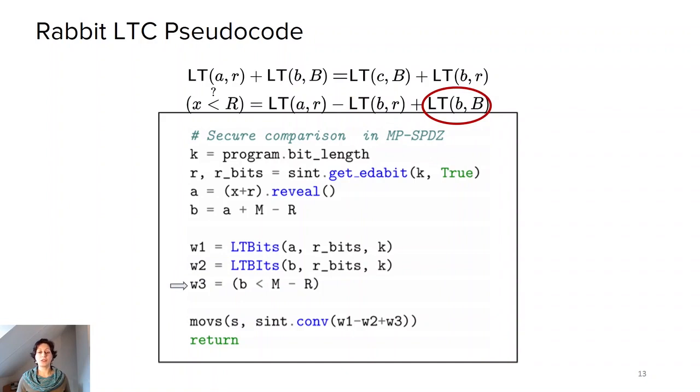And the last thing we need to do is to perform a public comparison. So we don't need to invoke the LTBits here because all values small b and capital B are known to all parties, so they can compute the result in the clear. So last step, just bring all these three terms together and you've got the final result, the flag that indicates whether x is less than capital R.